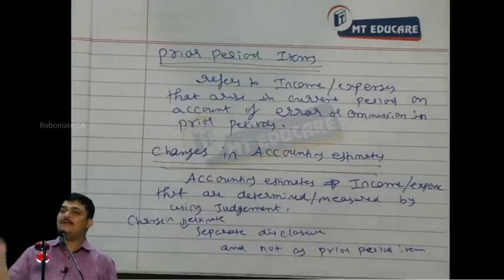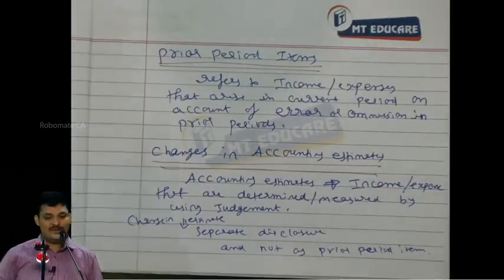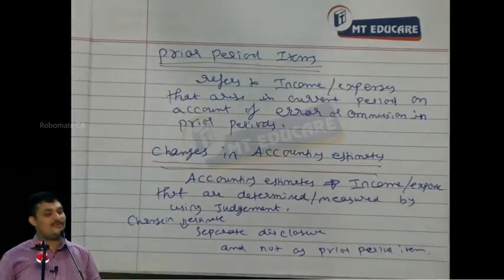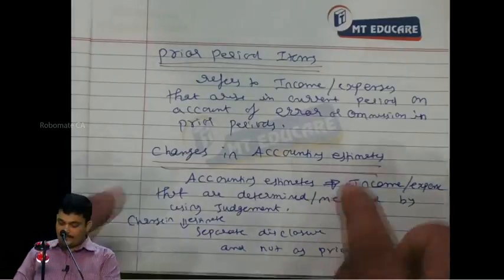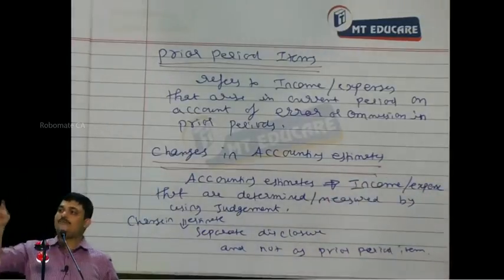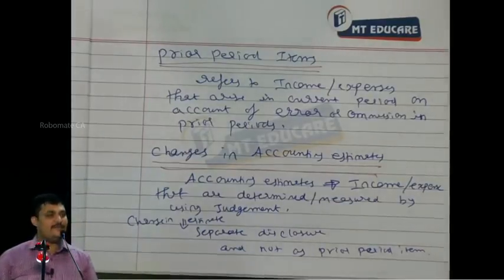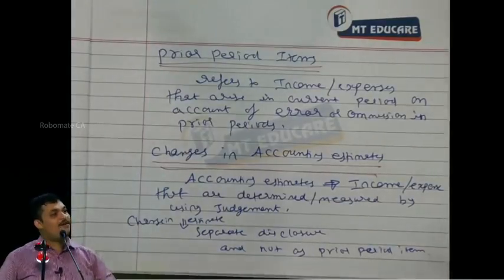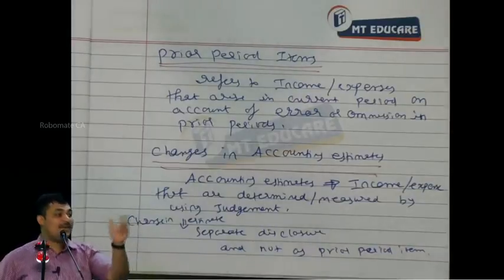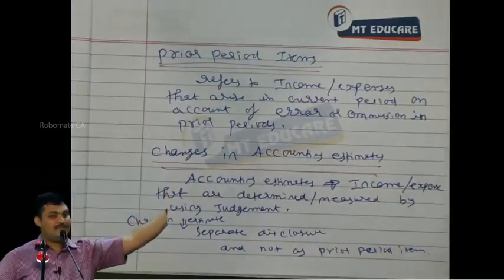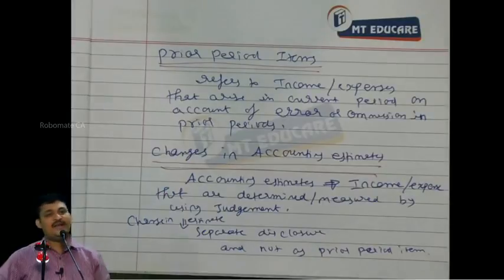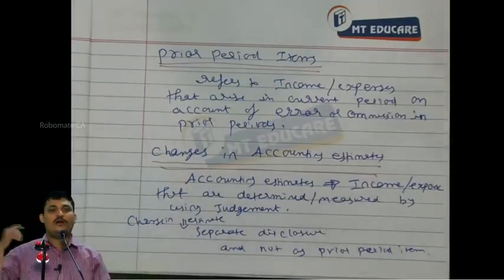In the current year, it should come as ordinary or extraordinary. So the change in accounting estimate will be shown as part of current year profit or loss, even though such an item relates to the previous year. It forms part of current year items only. Correct? Is it shown as ordinary or extraordinary?